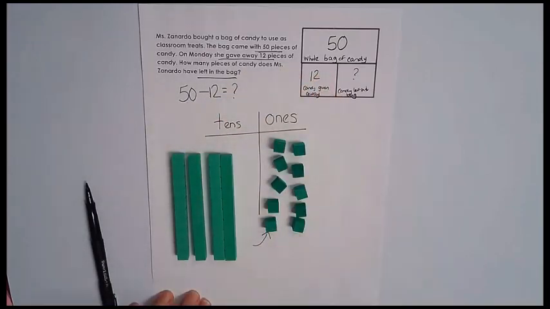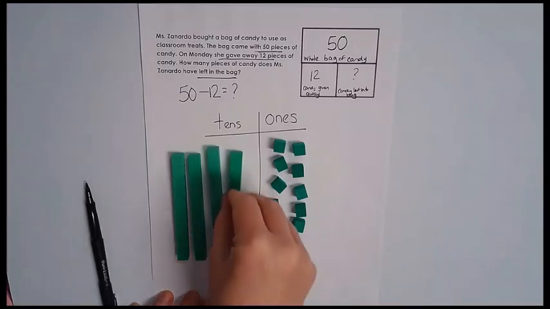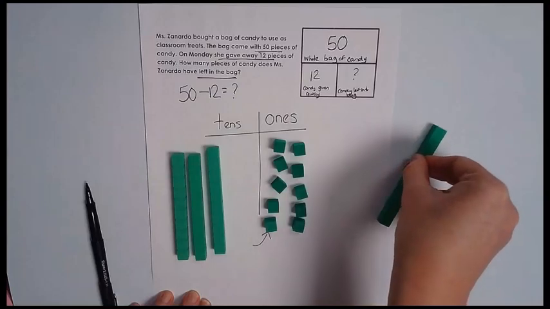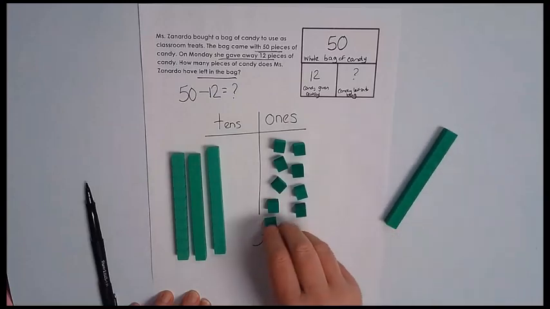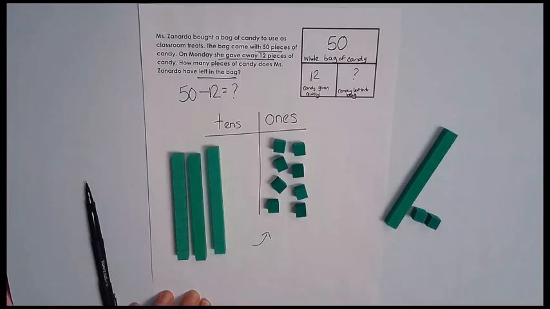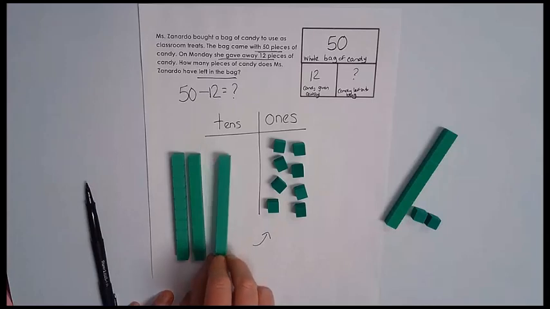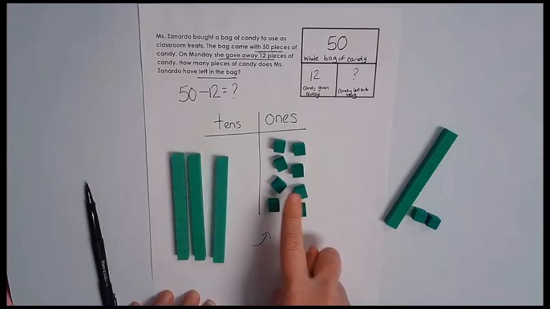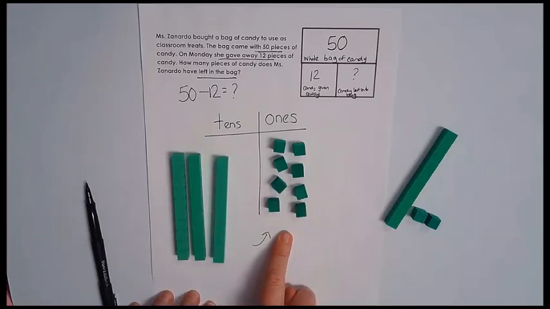Again, I know I needed to subtract 1 ten and 2 ones. 1 ten and 2 ones have been subtracted. So I see that I have 3 tens, which is 30, and 8 ones, which is 8. 30 and 8 equals 38.